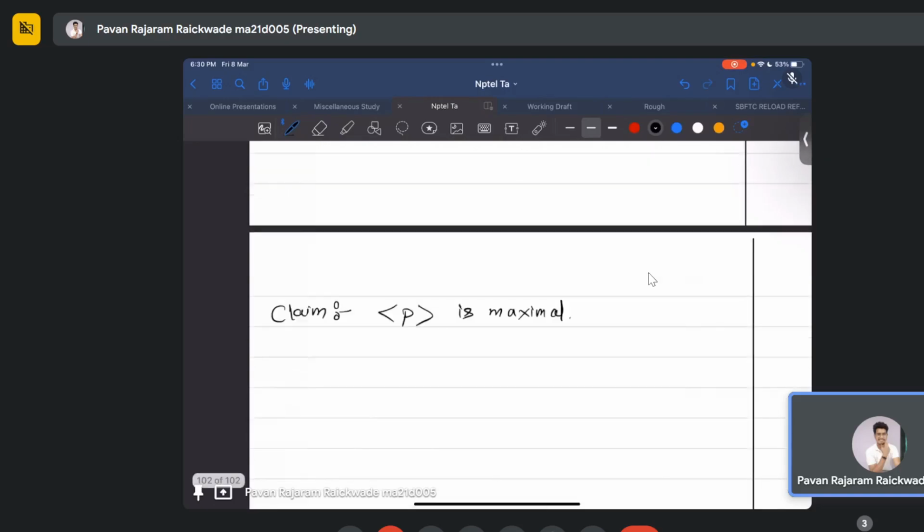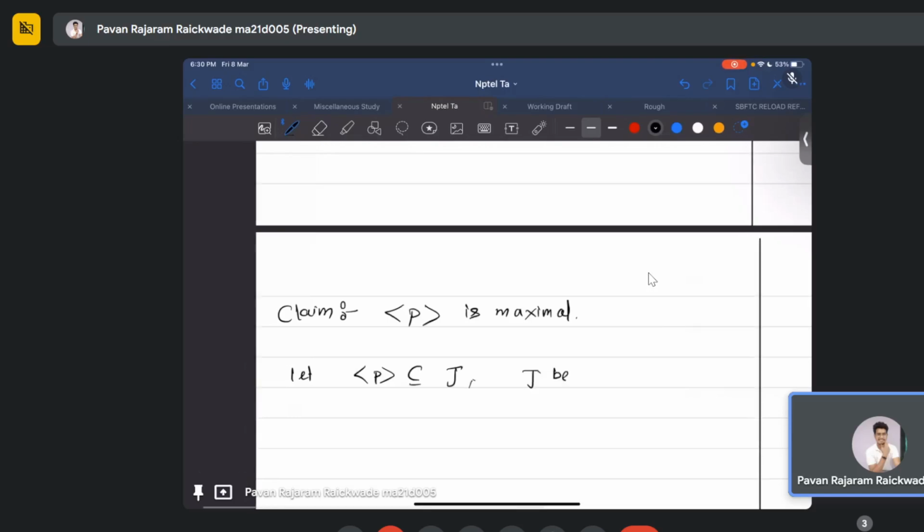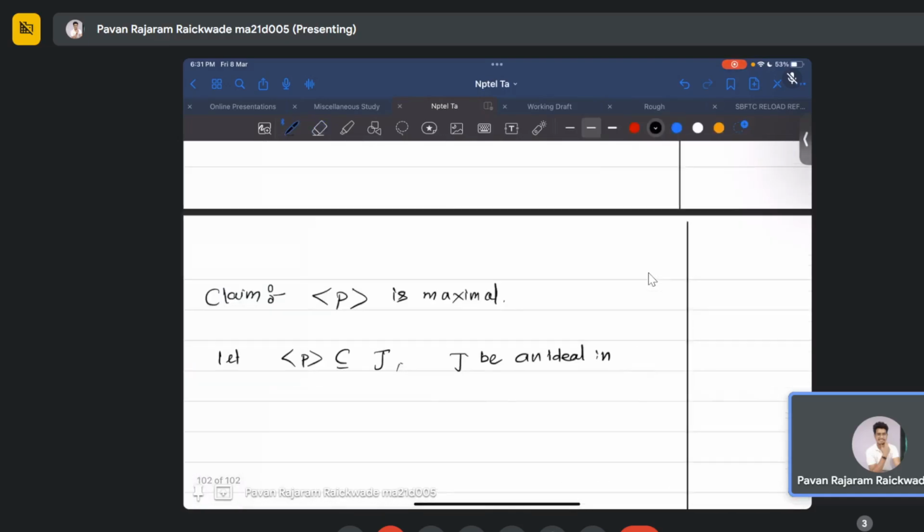The proof goes in a similar way. Let the ideal generated by P be contained in J, where J is an ideal. So don't confuse: I is not an ideal. I is the ring, the integral domain that I took originally.